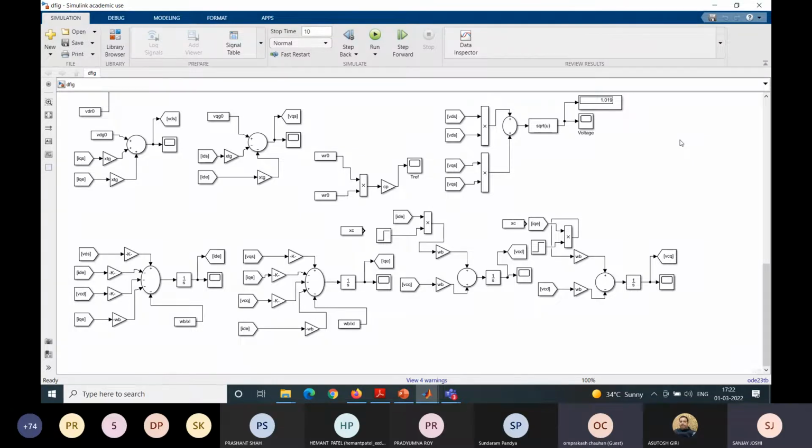Unstable waveform means the magnitude of that variable is increasing like anything. If it is unstable in one scope, it will definitely be unstable in all other scopes also.